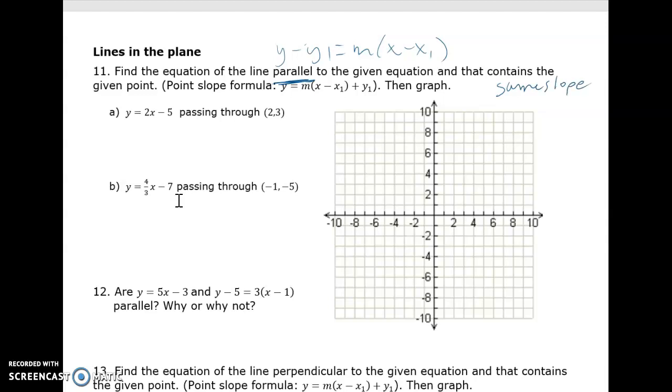Okay? So for question A, the slope is 2. So my slope that I'm going to use is 2. To write my point slope equation, I would write y equals slope is 2 times x minus my x coordinate, which is 2, plus my y coordinate, which is 3, right?